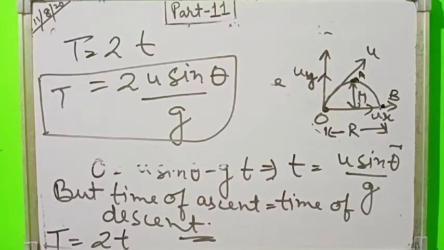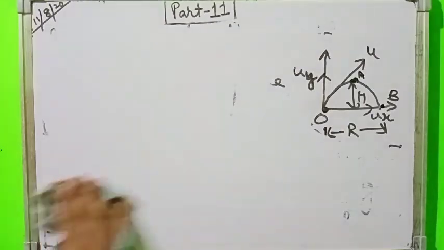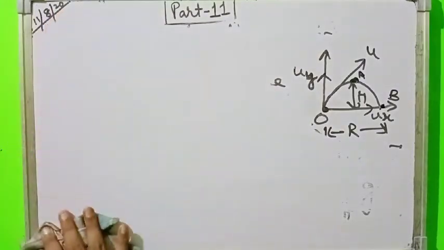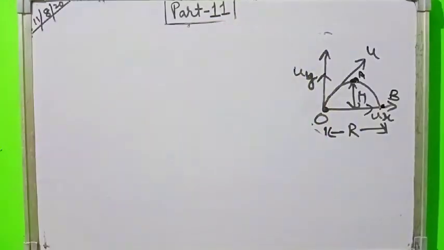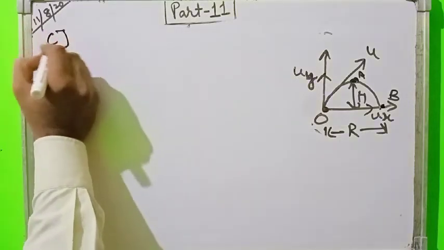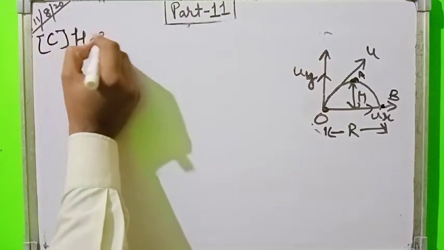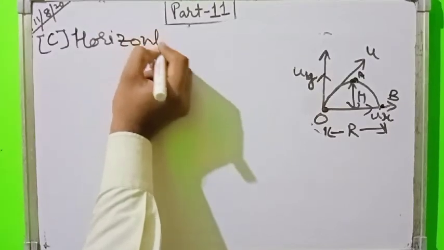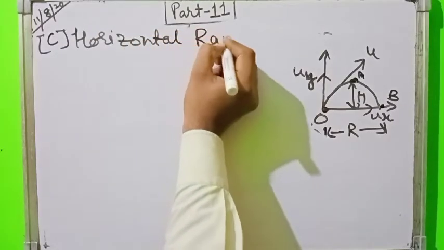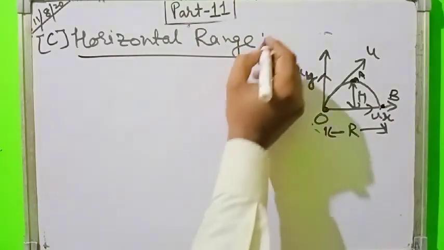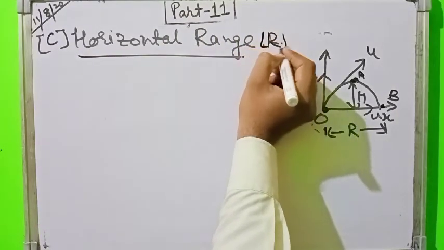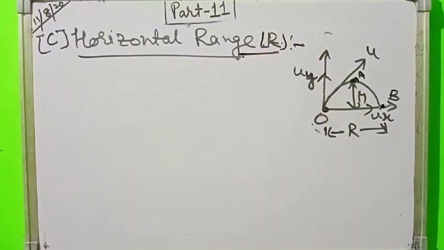So the third point of discussion is horizontal range. Horizontal range is denoted by R.